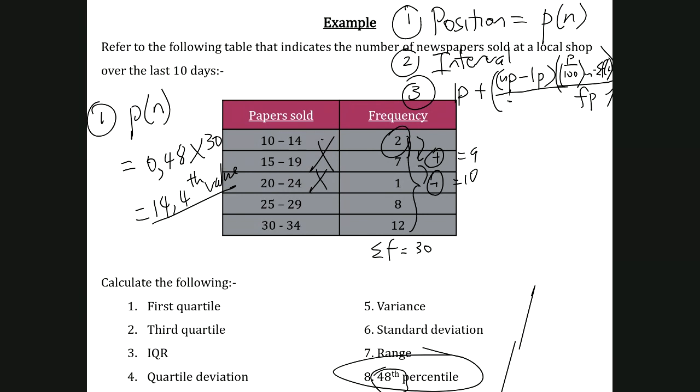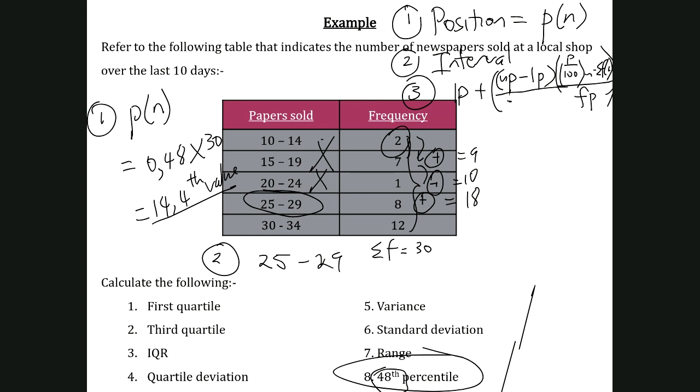Then 10 plus 8 is 18 values. So the interval that you found your percentile in was 25 to 29. This is the interval you're working with.